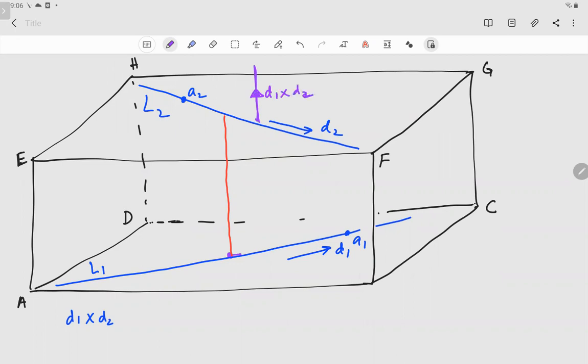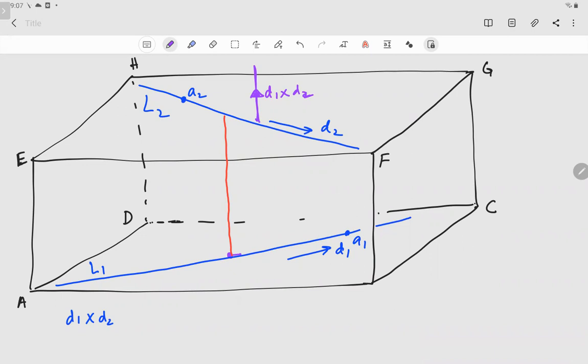D1 cross D2 is a vector which is perpendicular to D1 and perpendicular to D2. It is perpendicular to the plane containing D1, and also perpendicular to the plane containing D2. So D1 cross D2 is the common perpendicular of D1 and D2.